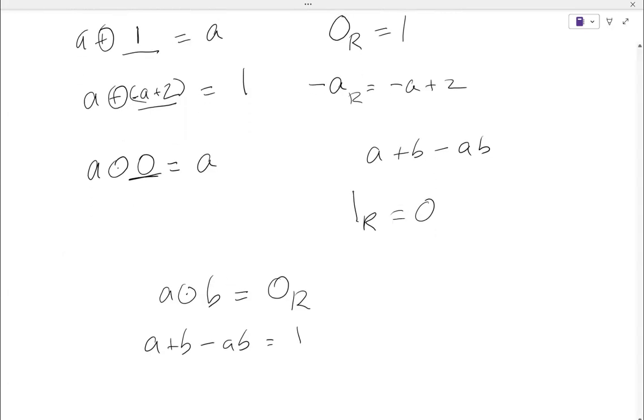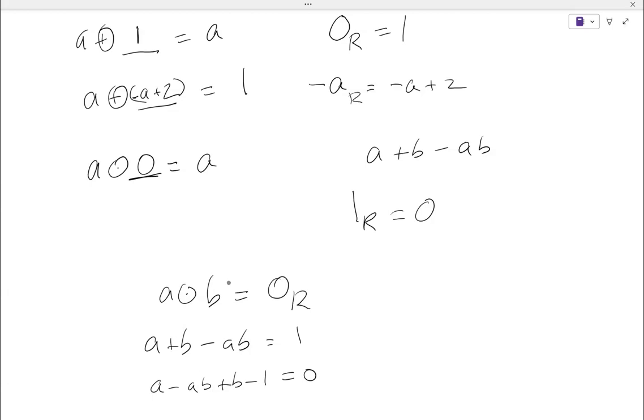So what can we do? Let's move the 1 over to the other side. Let's do it this way. Set it up that way. Would B not be 1 to get 0? That is one of the options.